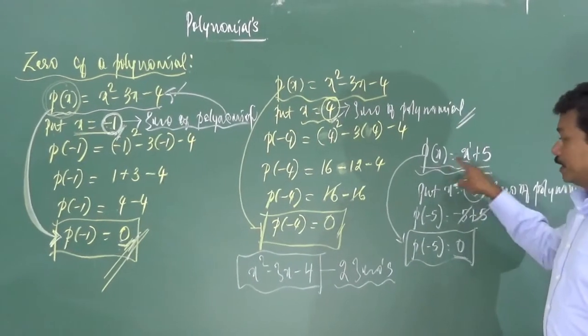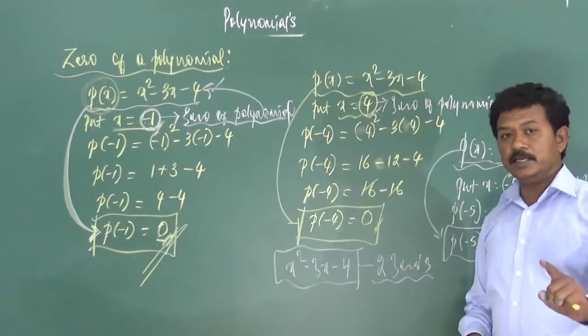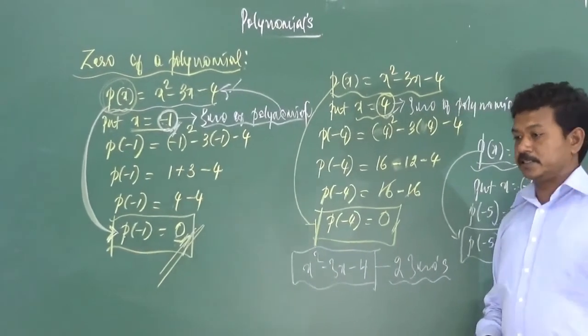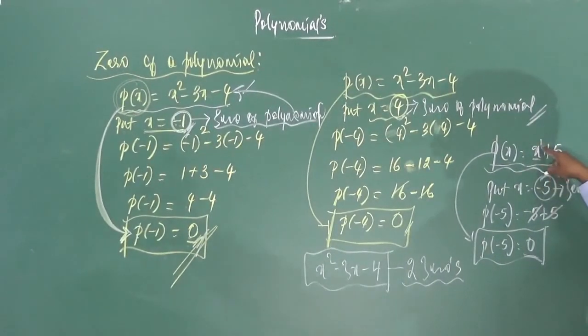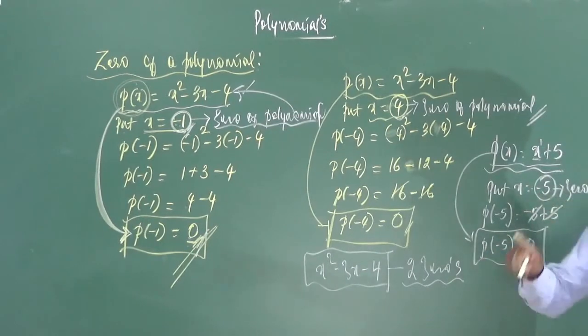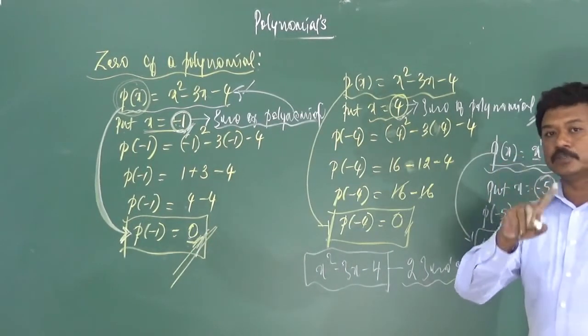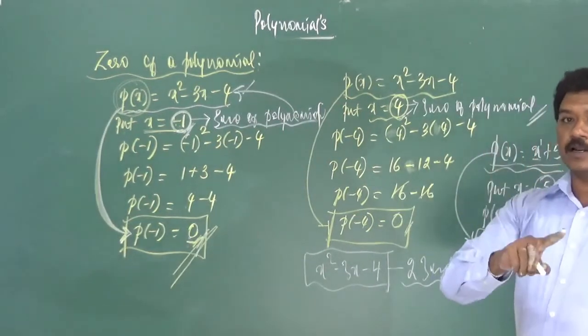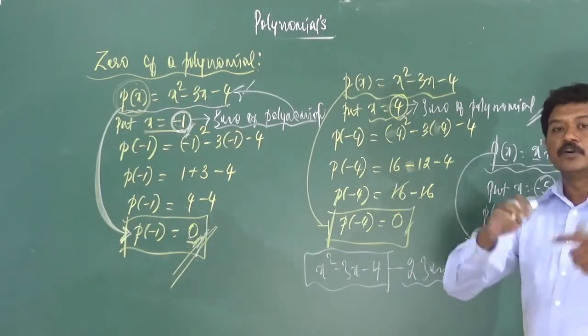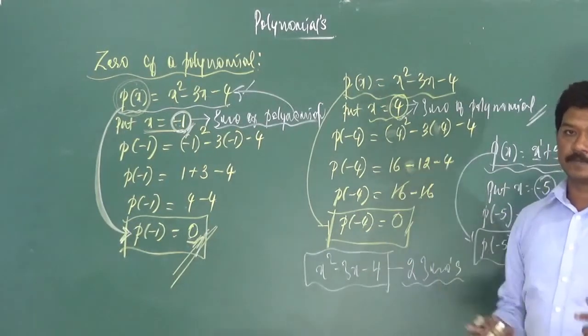Here for a linear polynomial only 1 zero exists, because the degree of the variable here is equal to 1. So for a linear polynomial, at most there is one zero, or a linear polynomial can have no zeros also.